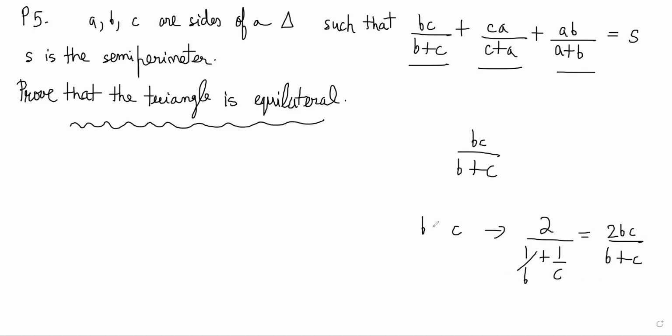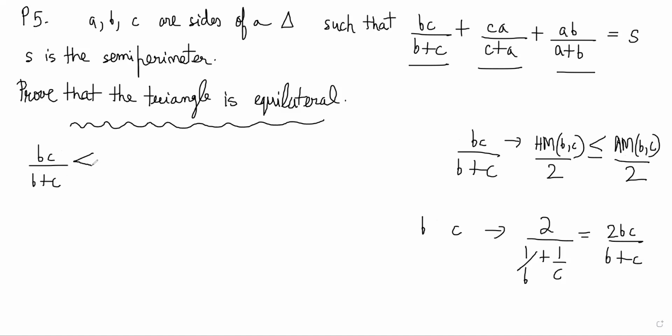So actually BC by B plus C is like HM of B and C by 2. So it is smaller than AM, the AM of B and C by 2. So we can say BC by B plus C is smaller than AM of B and C, that is B plus C by 4, right?